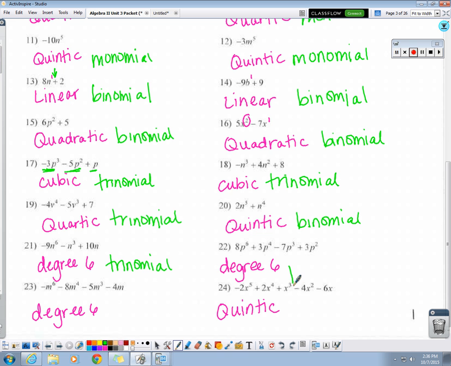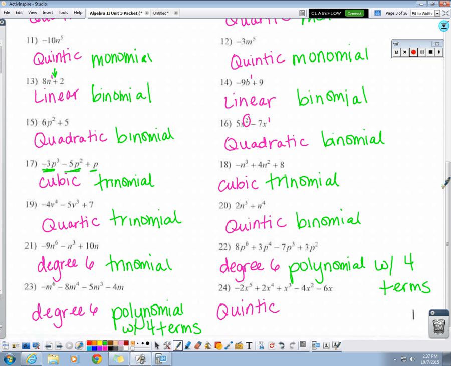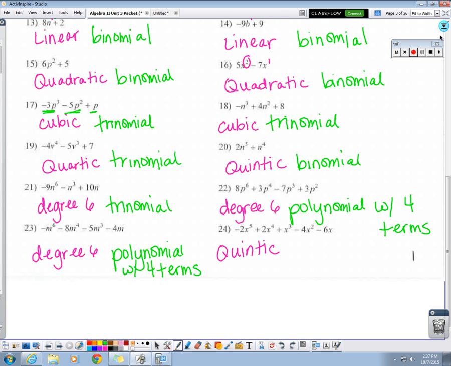It's actually just a polynomial with 4 terms. 23 is also a polynomial with 4 terms. And what about 24? A polynomial with 5 terms, because there's 1, 2, 3, 4, 5 terms.